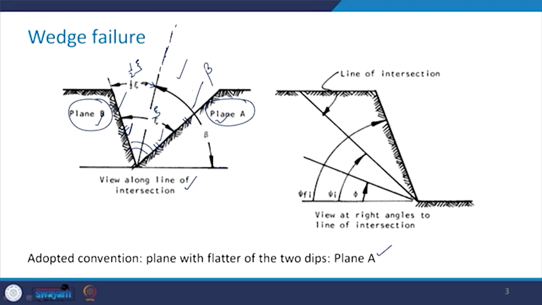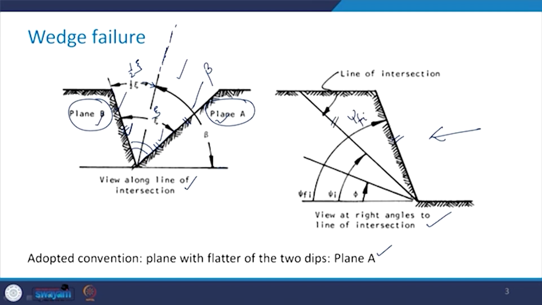If we take a look at the right angle to the line of intersection, this is how the view is going to look. This is the slope face, which is making an angle psi f with the horizontal.